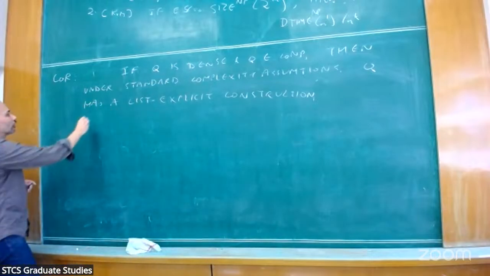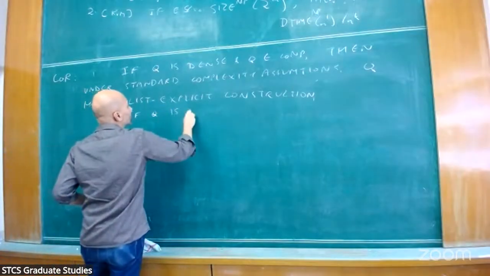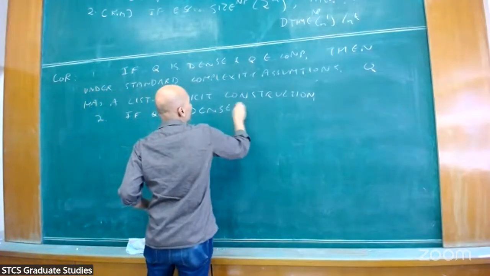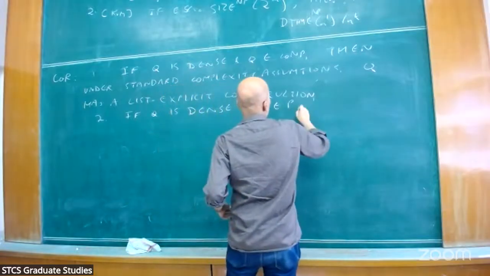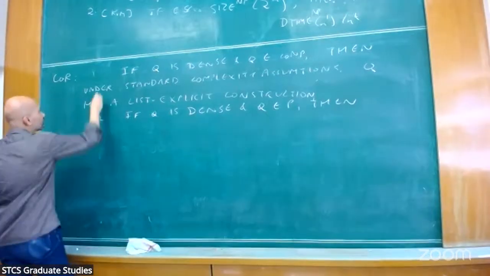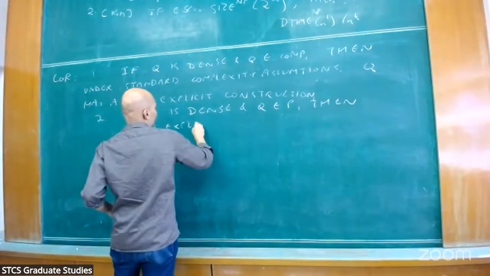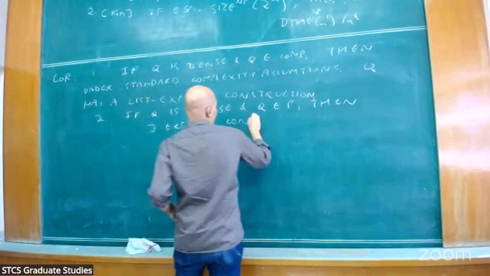I should say too, if Q is dense in P, then there is an explicit construction. Again, understand the assumptions. And in particular for primes, there is.